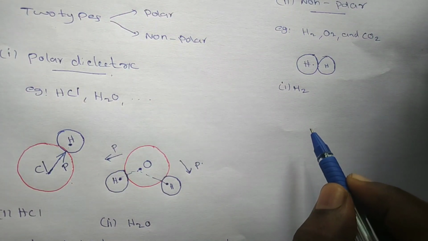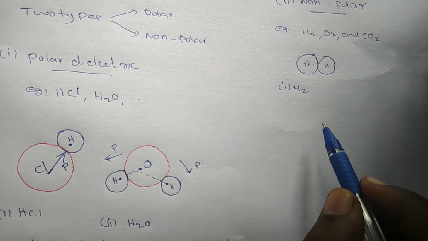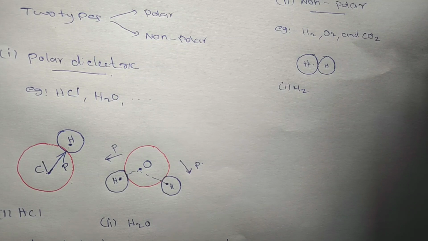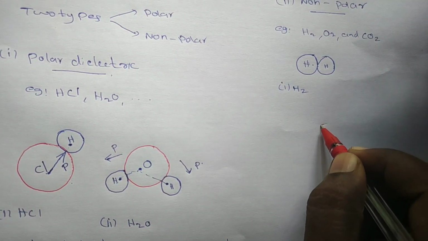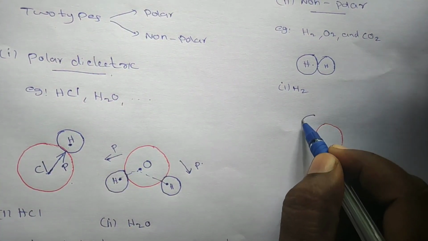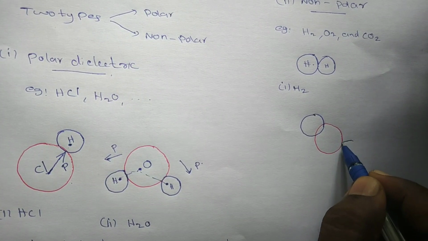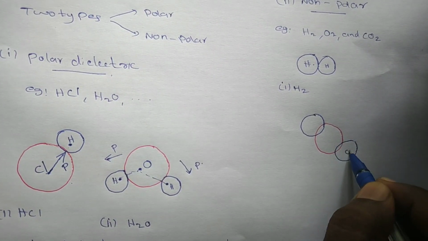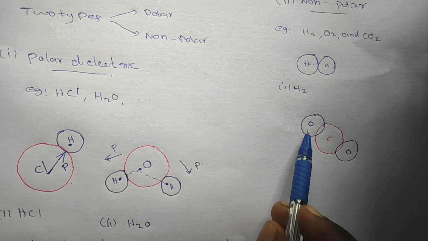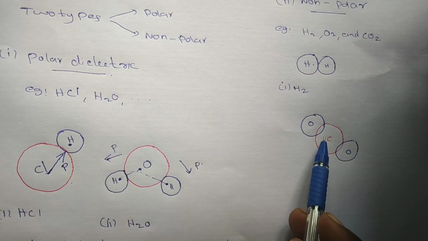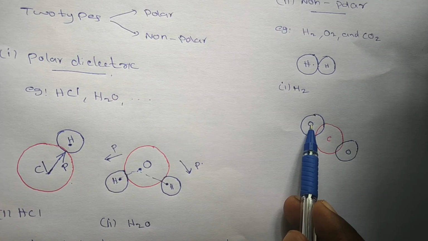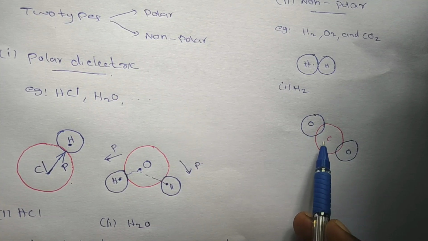Next we are going to take the example of CO2, carbon dioxide. There you see that the carbon and oxygen are similar in size. So first we will draw the carbon. Okay, so you see that they are almost similar in size. So the attraction of the carbon to the oxygen electron and the oxygen's attraction to the carbon electron are similar.